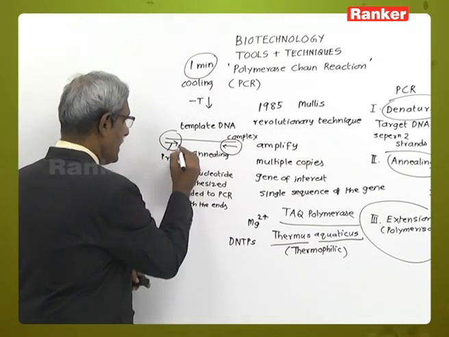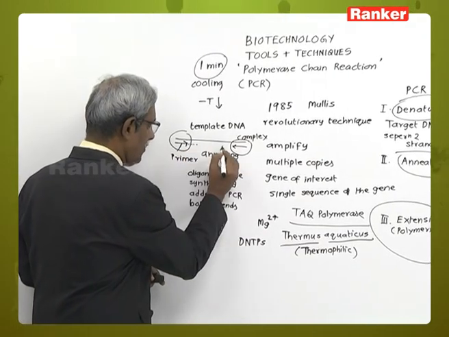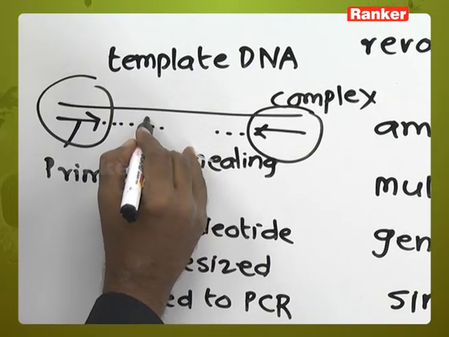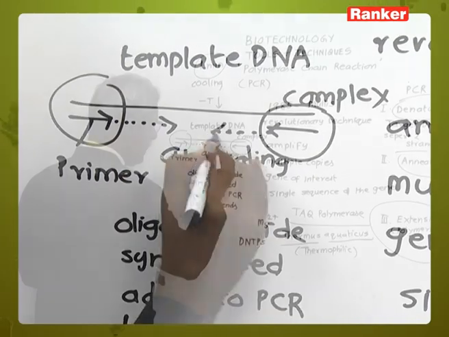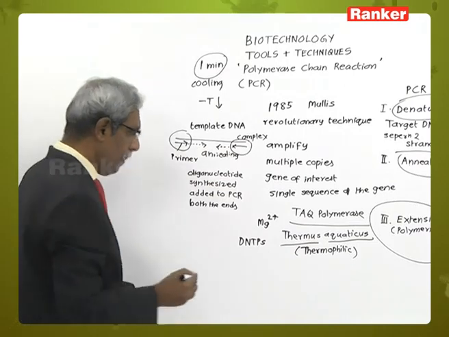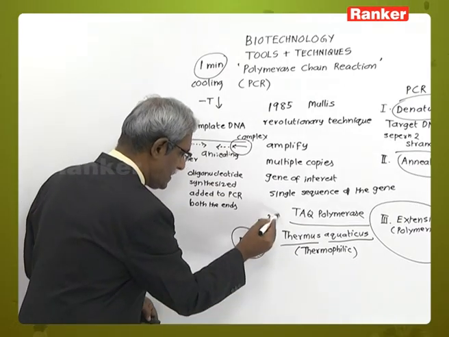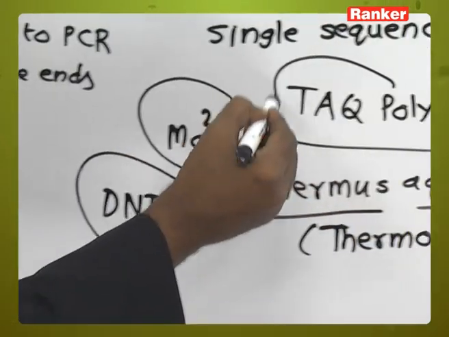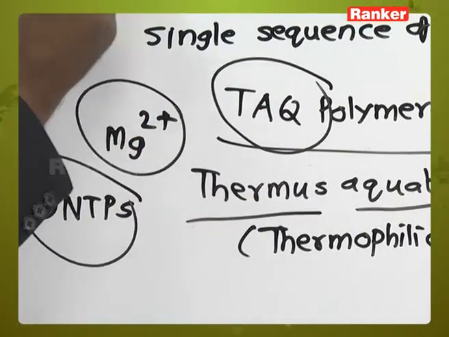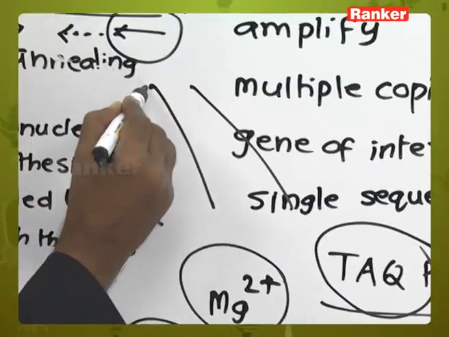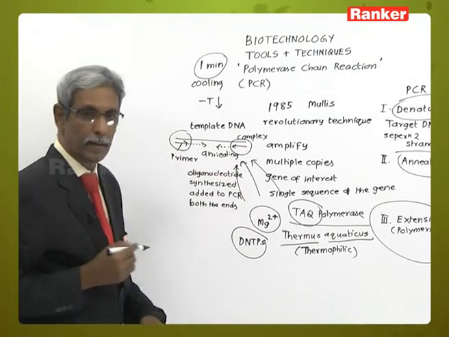So, here we understand that the primers will use the free nitrogen bases and will extend towards each other, by using free dNTPs in the presence of magnesium and also in the presence of Taq polymerase. All three are needed over here.